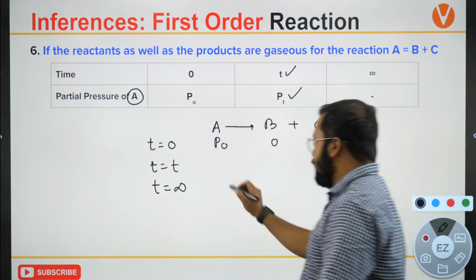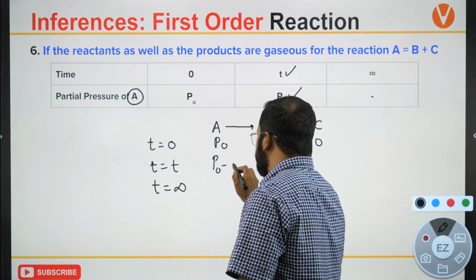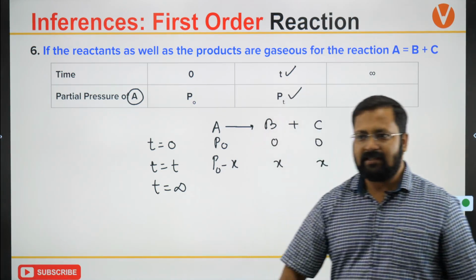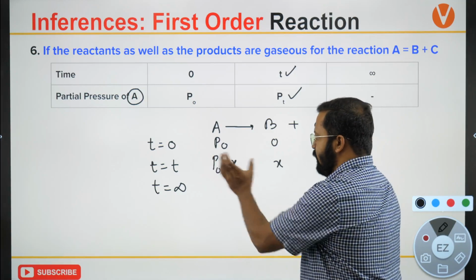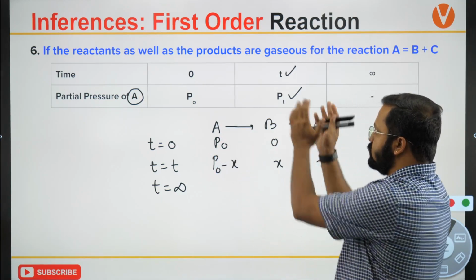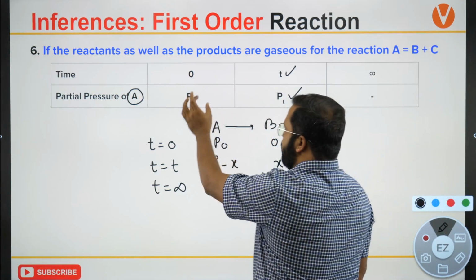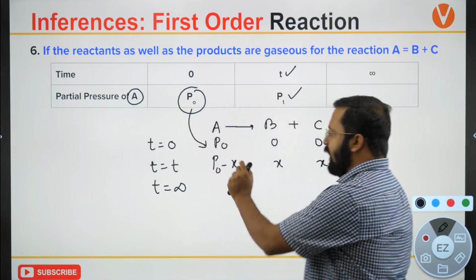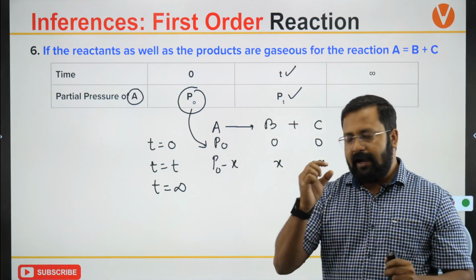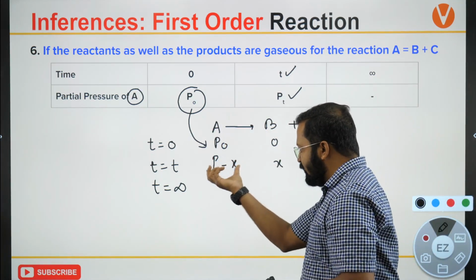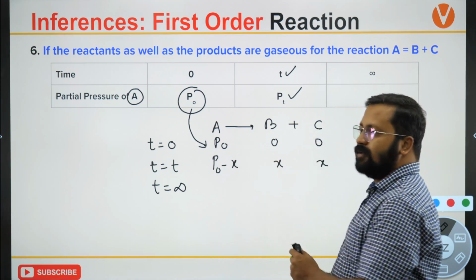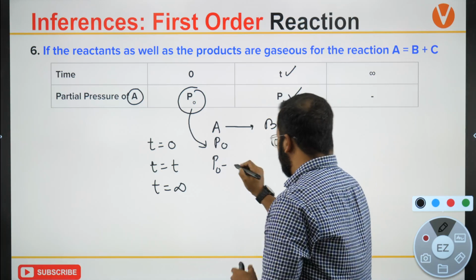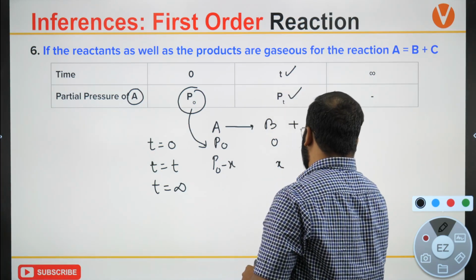Now at time T, can I write this as P naught minus X, and this is X and this is X? At time T, I have to use this information. At 0, the pressure due to A is P naught. At time T, P naught will disintegrate to a certain extent X. Instead of X I could write small p, or we keep X so that it doesn't create confusion.